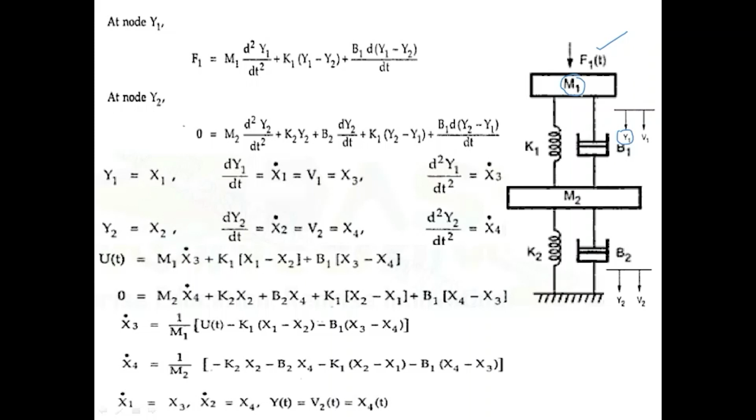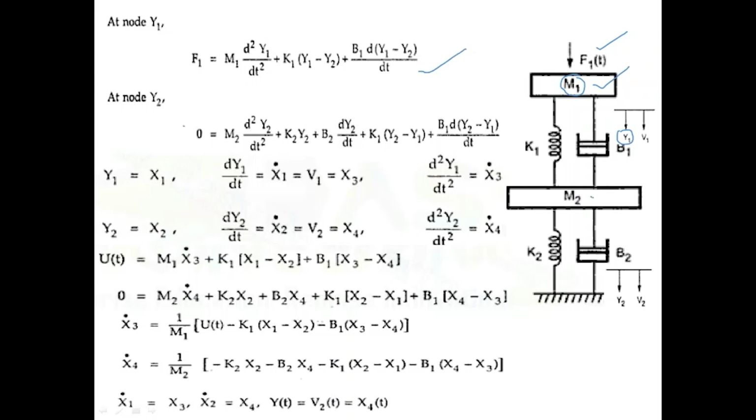Since we are writing with respect to m1, we must take m1 as the reference. Therefore, k into y1 minus y2 plus b1 d of (y1 minus y2) by dt. This is equation number 1.